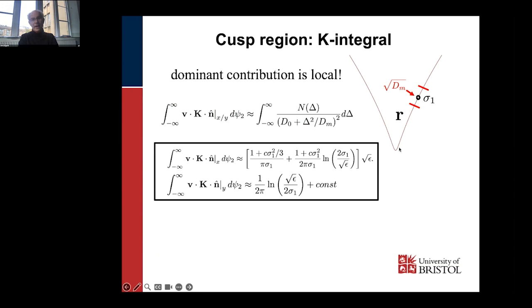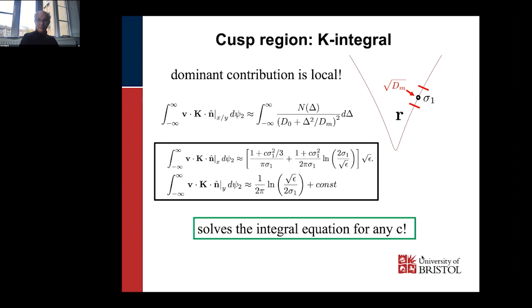So if I have a tip like that appears in a different context, for example, when I have the coalescence of two drops, I've shown implicitly that the tip region in the coalescence of two drops also must be of the same shape as I've described here. So the conclusion is that this solves the integral equation.